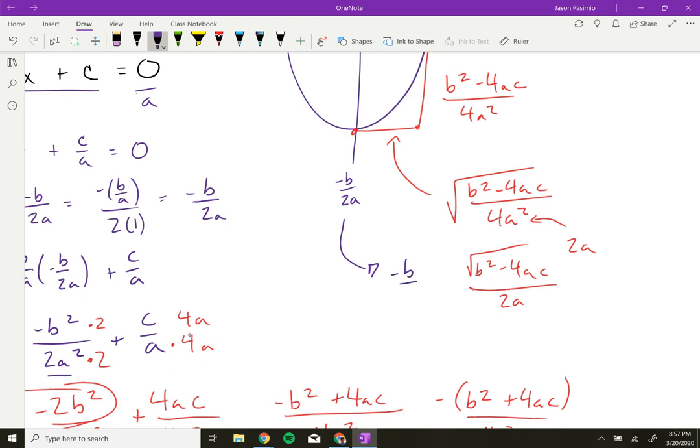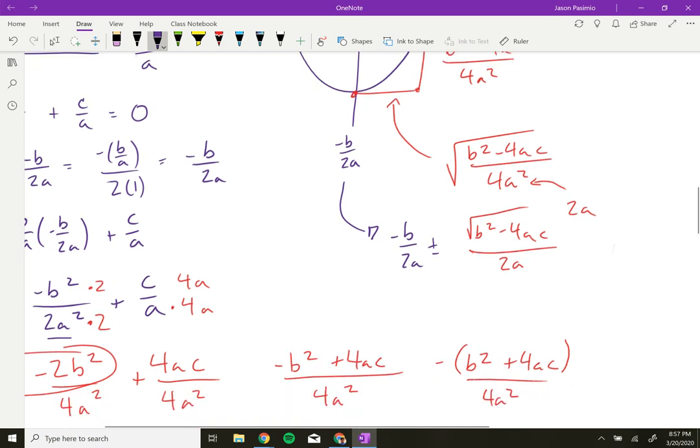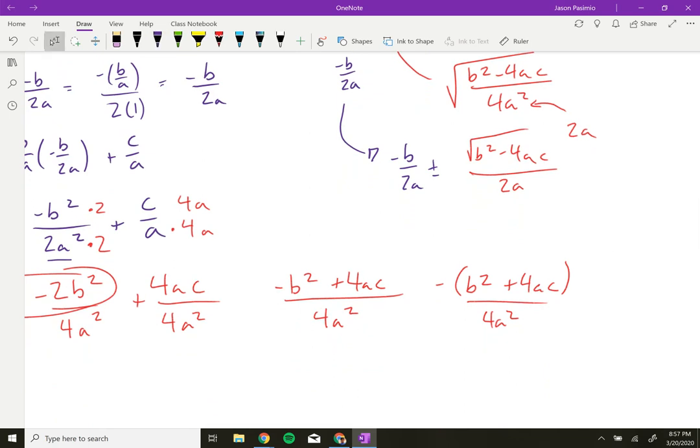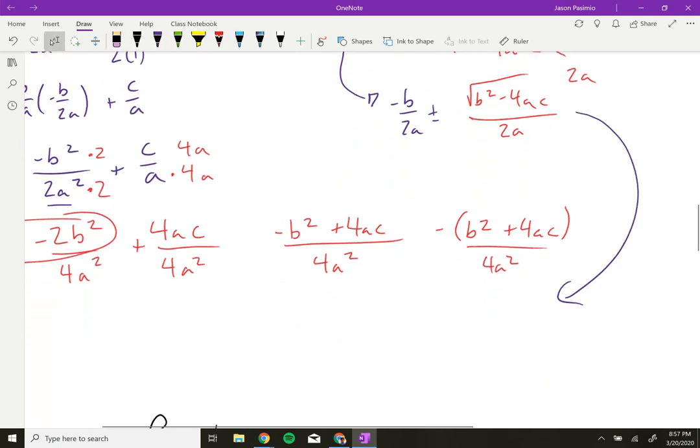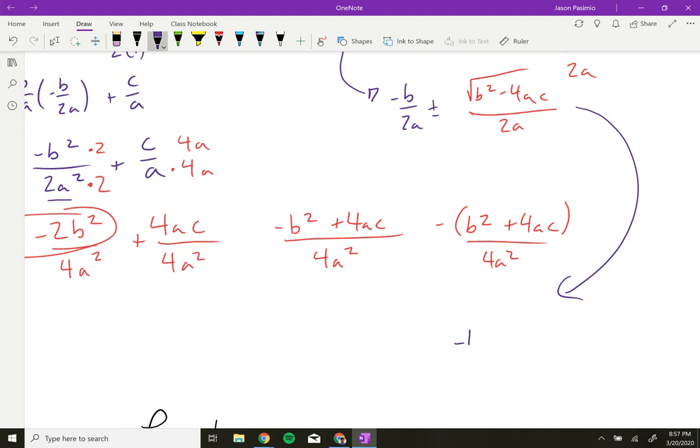Negative b over 2a plus or minus. You guys notice those have common denominators? Since they have common denominators, I can put them together and I will get negative b plus or minus the square root of b squared minus 4ac over 2a. And at that point, I'm done.